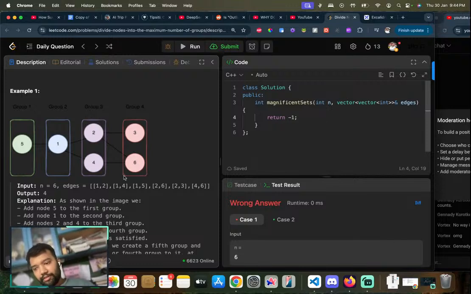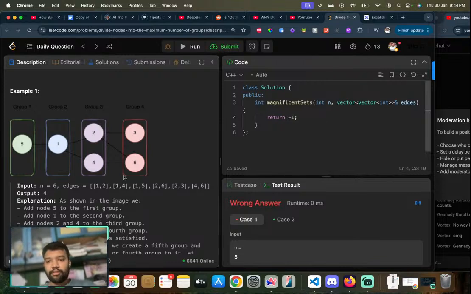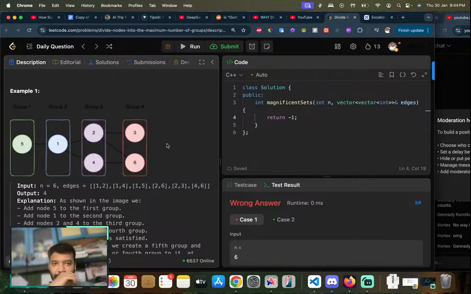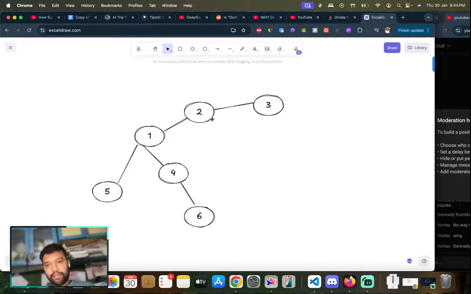So how can I get the components? I know how I can get the components. So I can do this DSU and then all the elements whose parents are the same will form a distinct component. So that is how I can do that. So let's say this was not there.